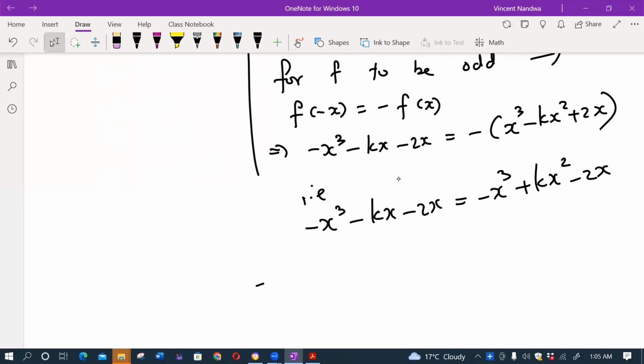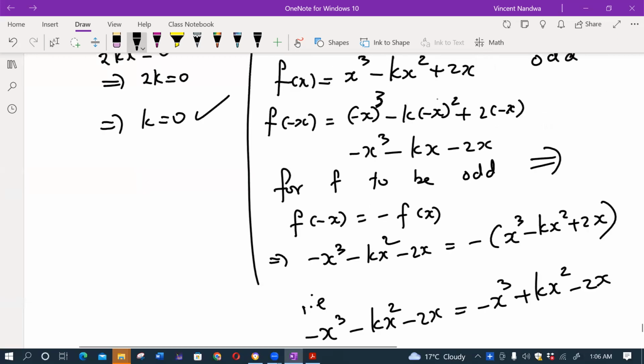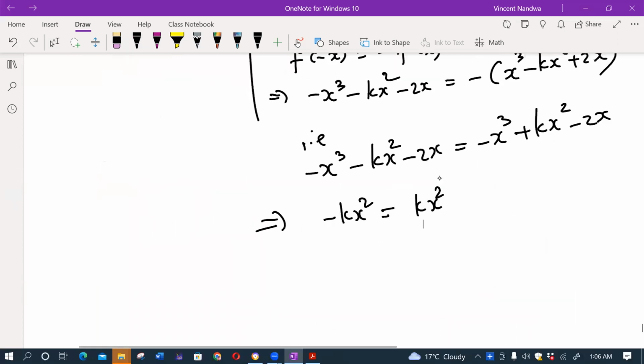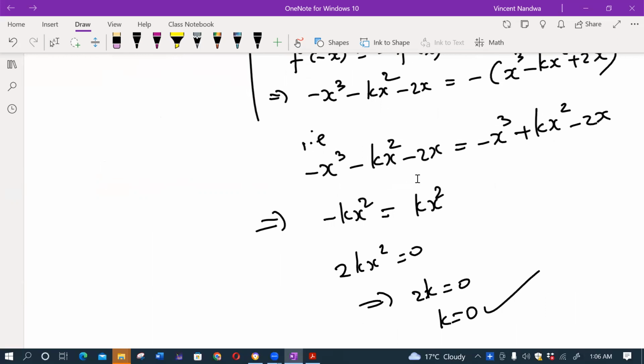So which implies we are going to have minus kx squared equals kx squared. There's a square here, this square, and this square. So which means 2kx squared equals 0. So this tells us that 2k equals 0. K is also 0.